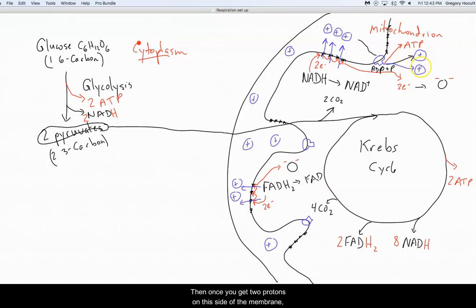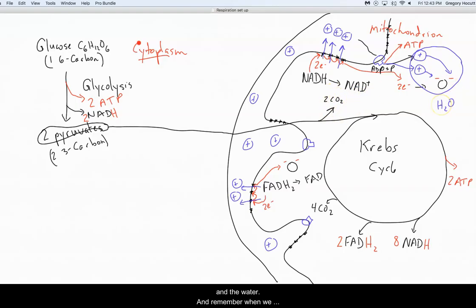And then once you get two protons on this side of the membrane, they can hook up with the electrons on the oxygen, and that whole system there is H2O. So the waste products of generating your ATP are the carbon dioxide and the water.